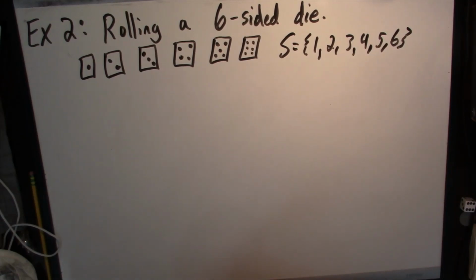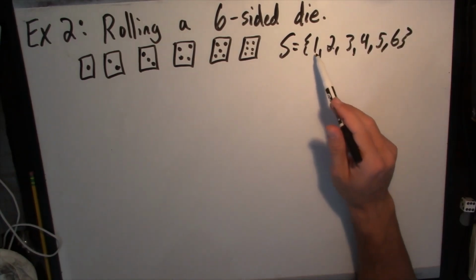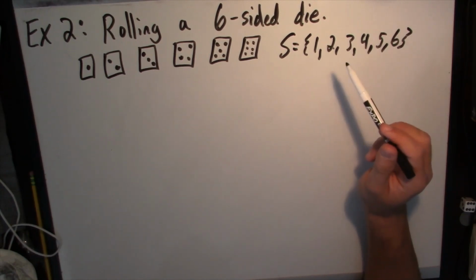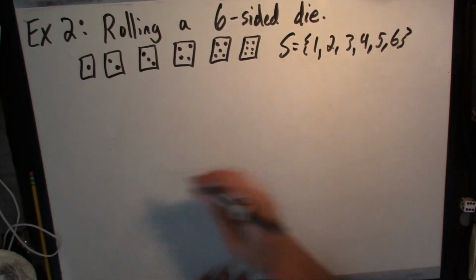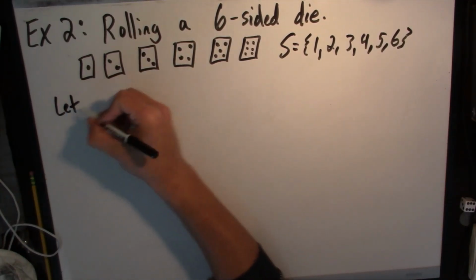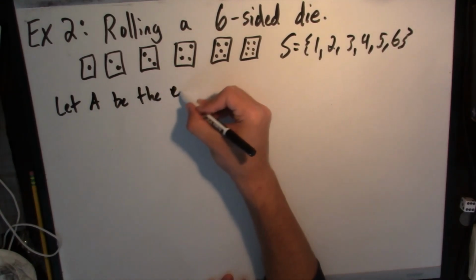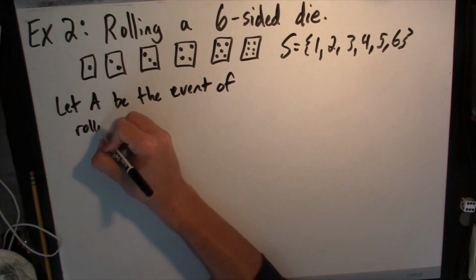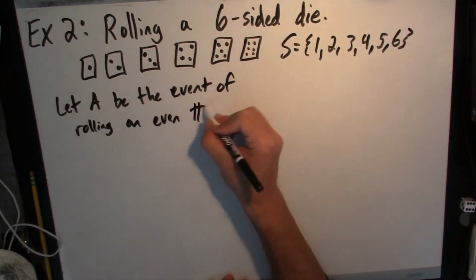Now I'm going to create 2 events. Really, an event can be anything. Okay, you could be very specific, say the event of rolling a 1, or you could be more generic, the event of rolling a number that is greater than 1, an event that is rolling an odd number, something like that. The 2 I'm going to use, I'm going to say let A be the event of rolling an even number.